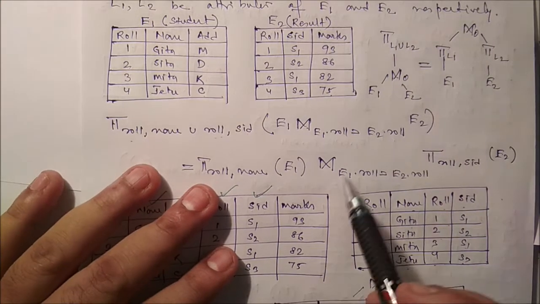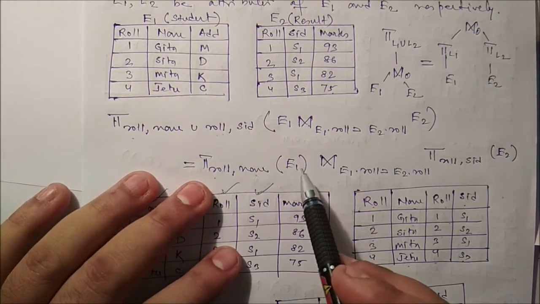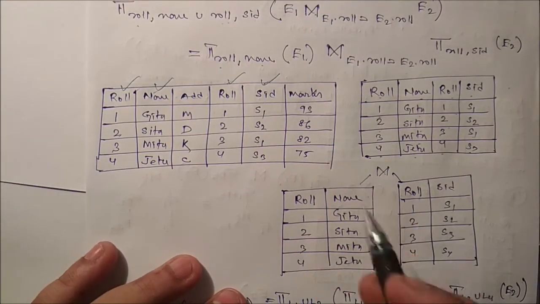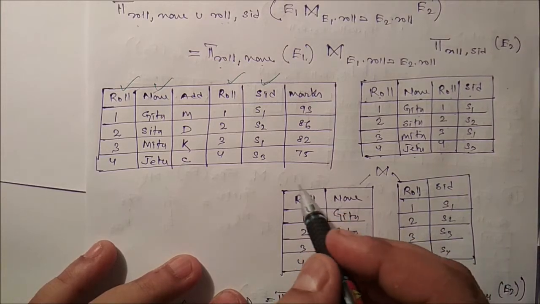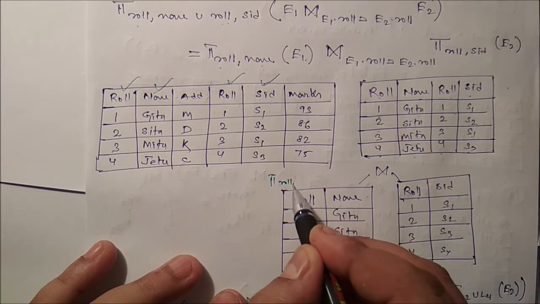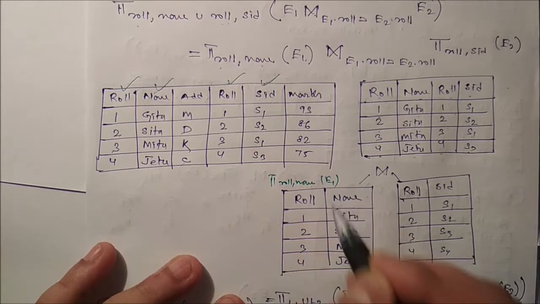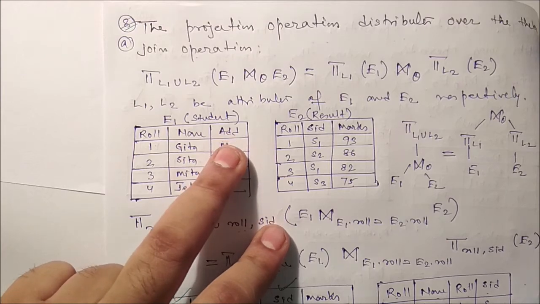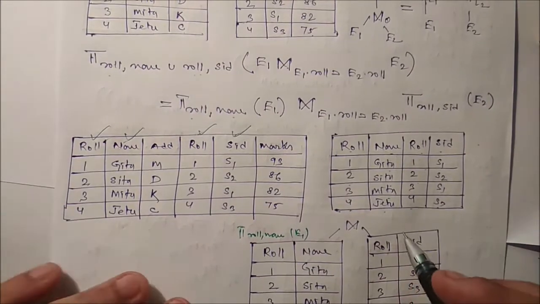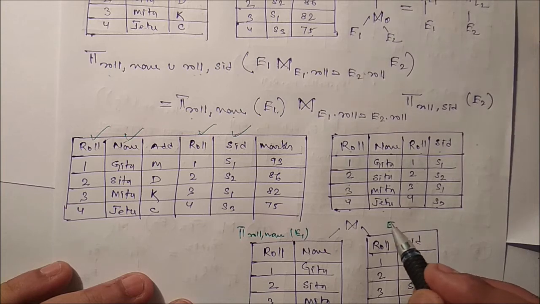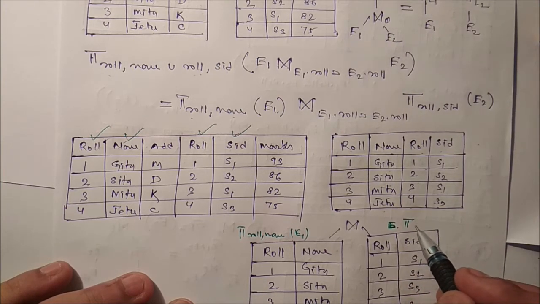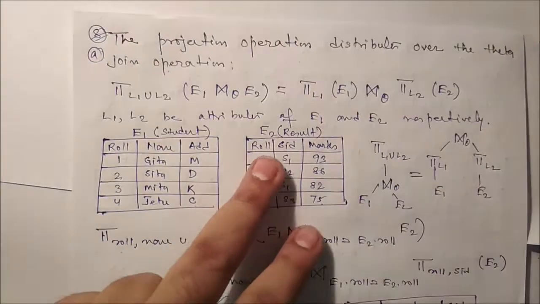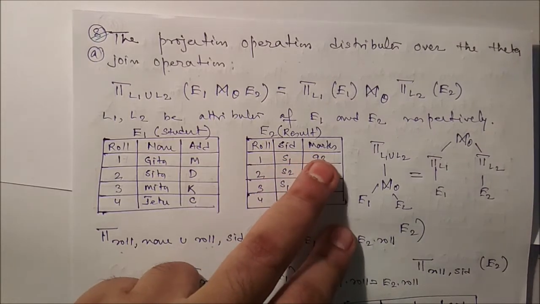Now instead of doing this, we take the attributes roll number and name from E1. We need only roll number and name. We have to discard the address because it is not required in the final result. And this is our projection condition: roll number and subject ID from E2, because the marks attribute is not required.